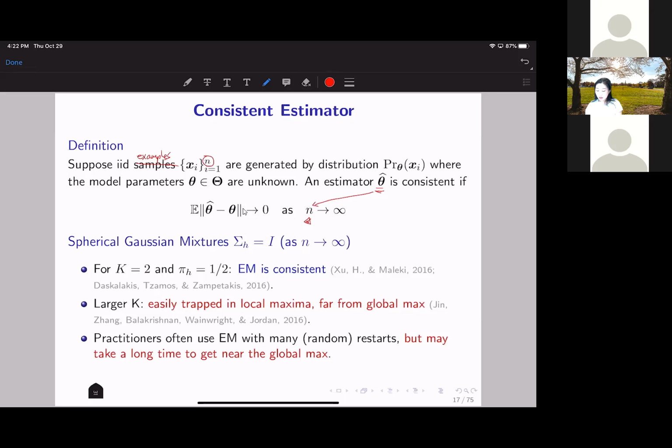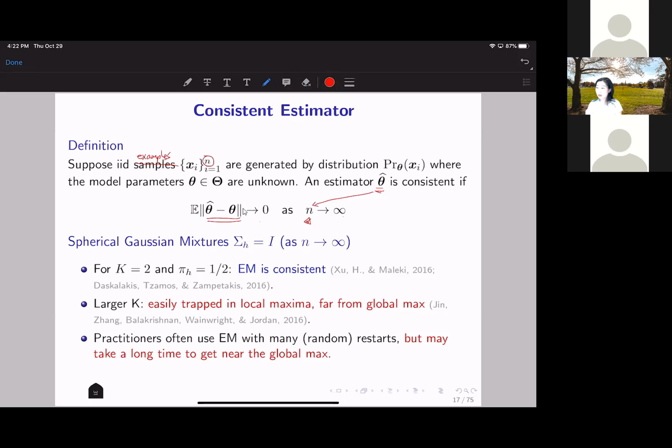That's why, as n goes to infinity, this difference in expectation goes to 0. So what is this expectation over? Is that obvious?